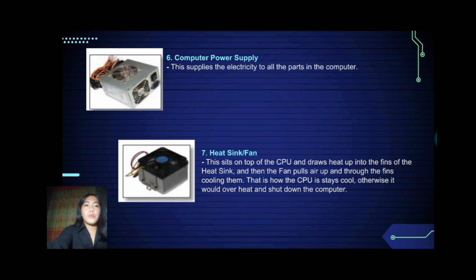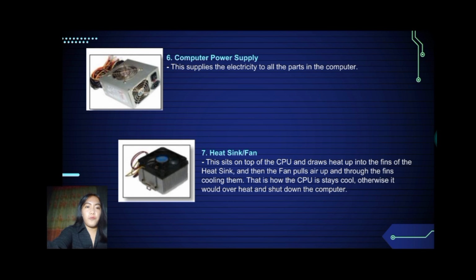Sixth, computer power supply is an essential component that provides electrical power to all the parts inside the computer. The computer power supply is a critical component that ensures the reliable and safe operation of all the parts within a computer system by supplying them with the necessary electrical power. Number 7.